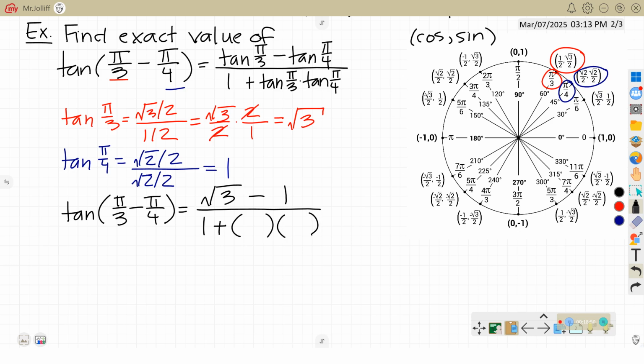Tangent pi over 3 is root 3. Tangent pi over 4 is 1. Okay. Perfect. So we get on the numerator, root 3 minus 1. In the denominator, I have 1 plus, and then anything times 1 is itself. So this is just 1 plus root 3.